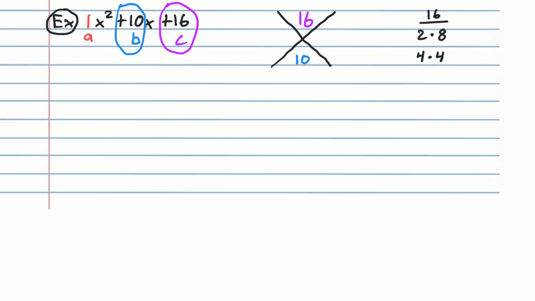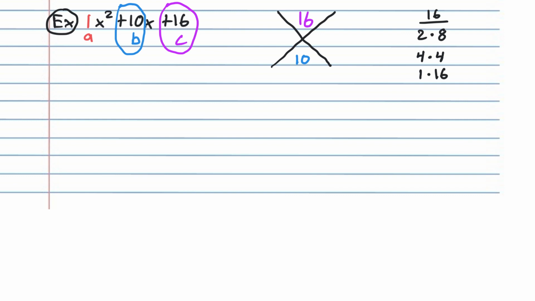Okay, and there's always another one. The one that students always forget is that you can always multiply the number times 1, because that always works. So 1 times 16 should also go in this list. Okay, now we can look at this list and determine, okay, well, which two numbers here would also add to 10?